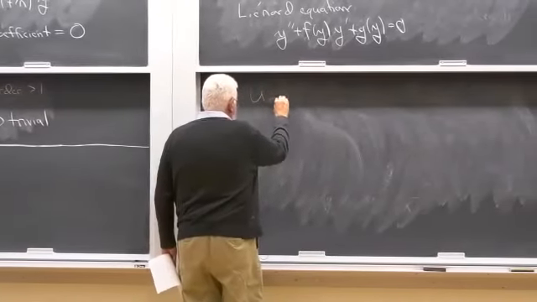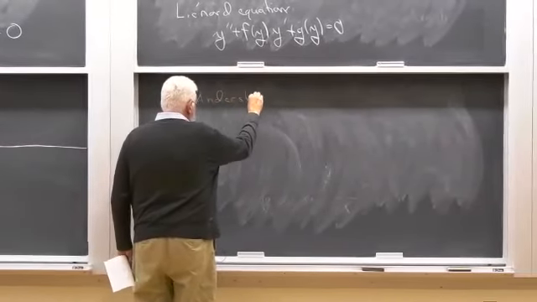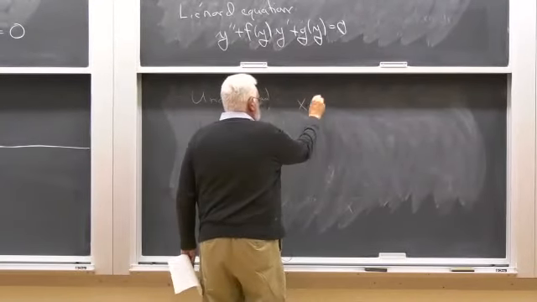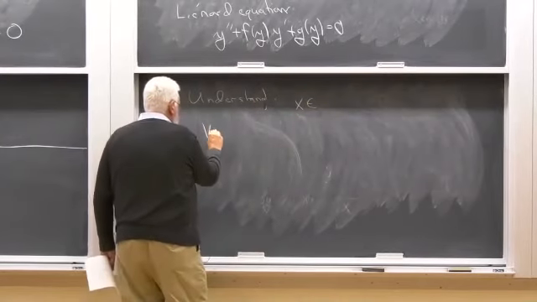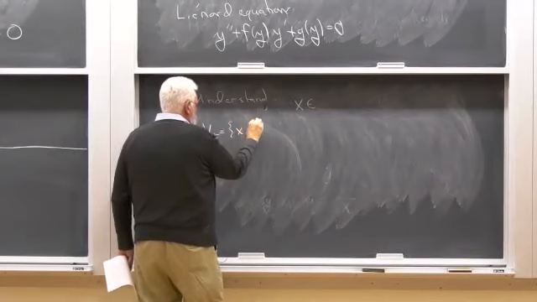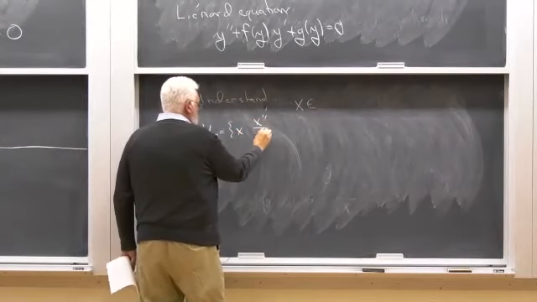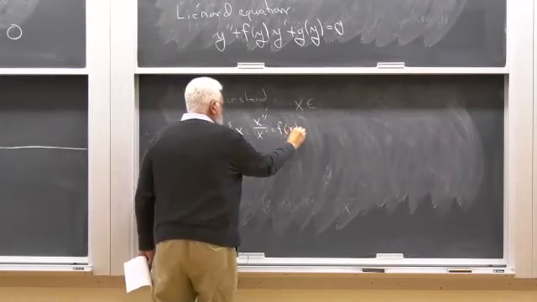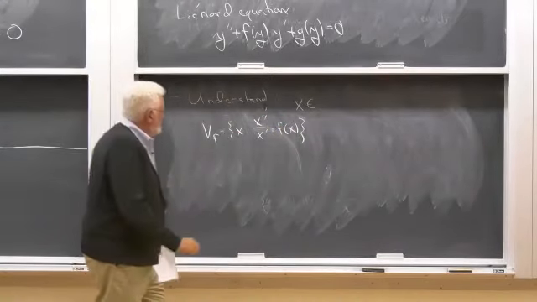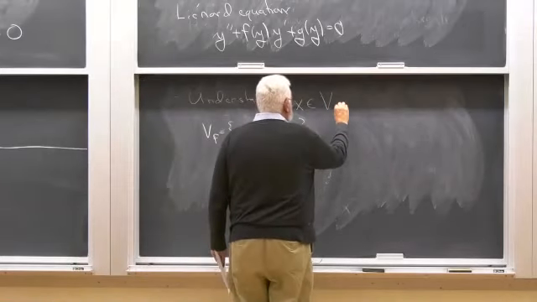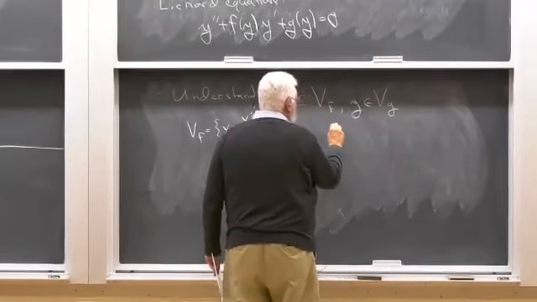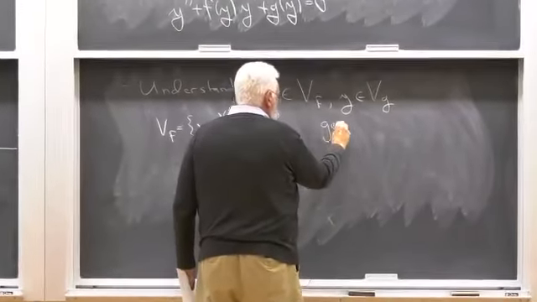So let's say, by VF, I mean the places where x double prime is f of x, and let x be in VF, y be in VG, where these are generic solutions.